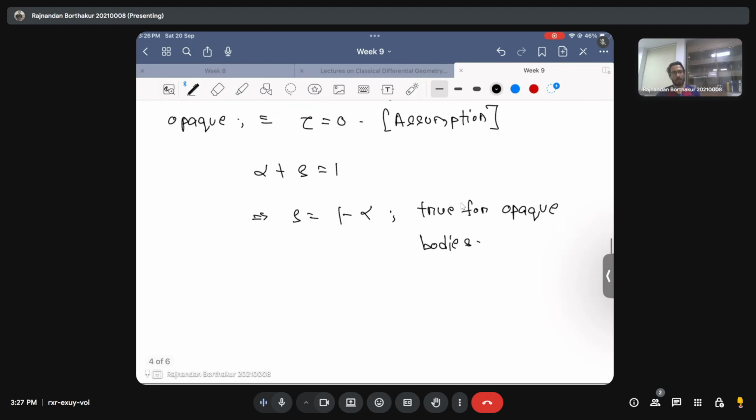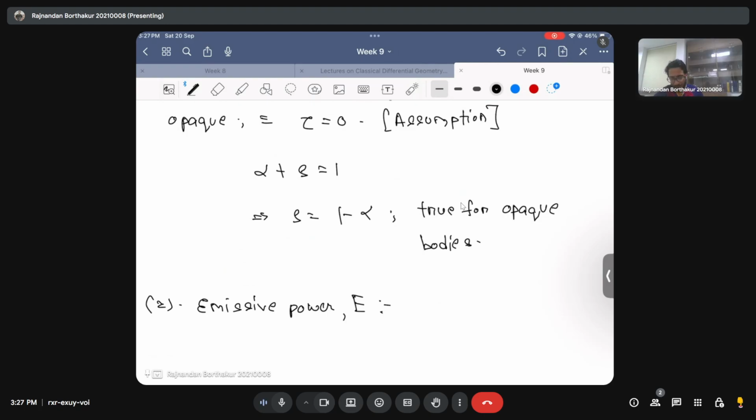Okay. So the second flux that we would define is something which is known as emissive power. And we will denote this by E. Okay.